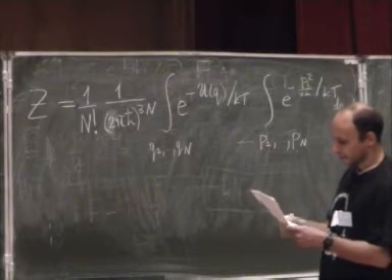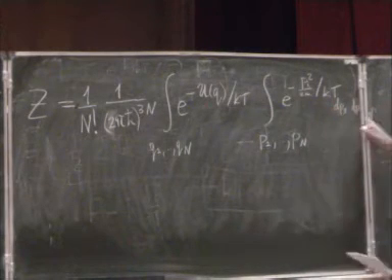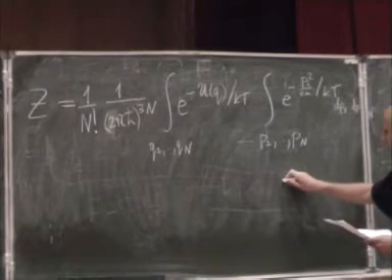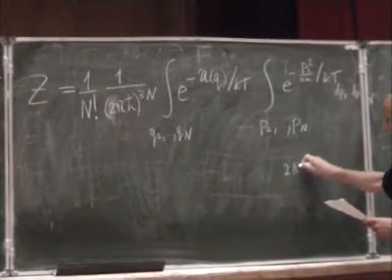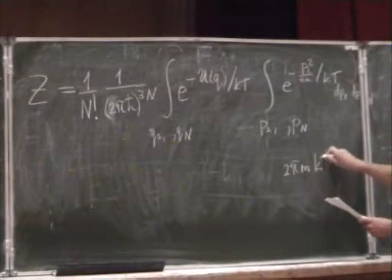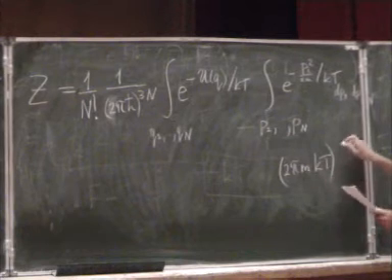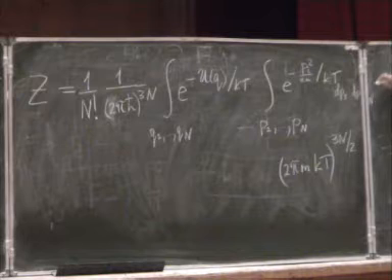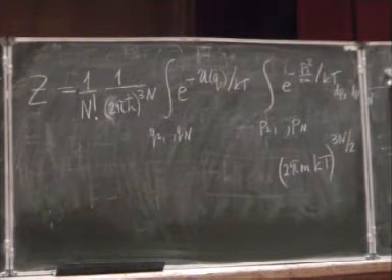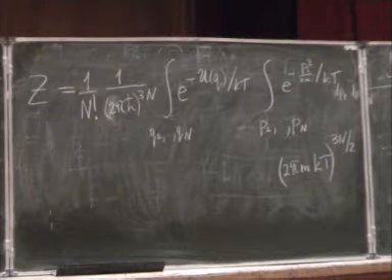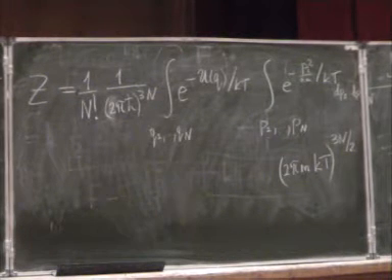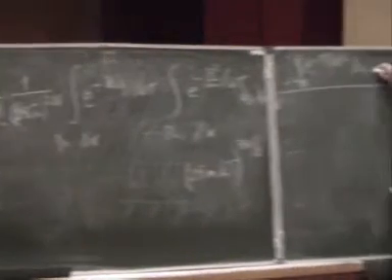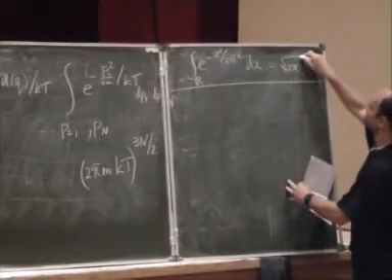And actually, okay, so let's start with this integral, because this is the easier one to compute. It is equal to (2 pi m kT) to the power 3n over 2. So nota bene, the integral of e to the power minus x squared over 2 sigma squared dx is equal to the square root of 2 pi times sigma.